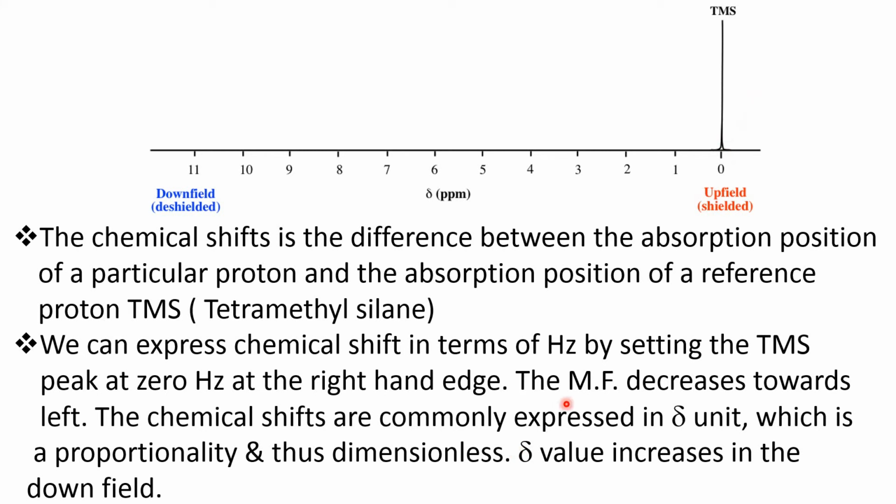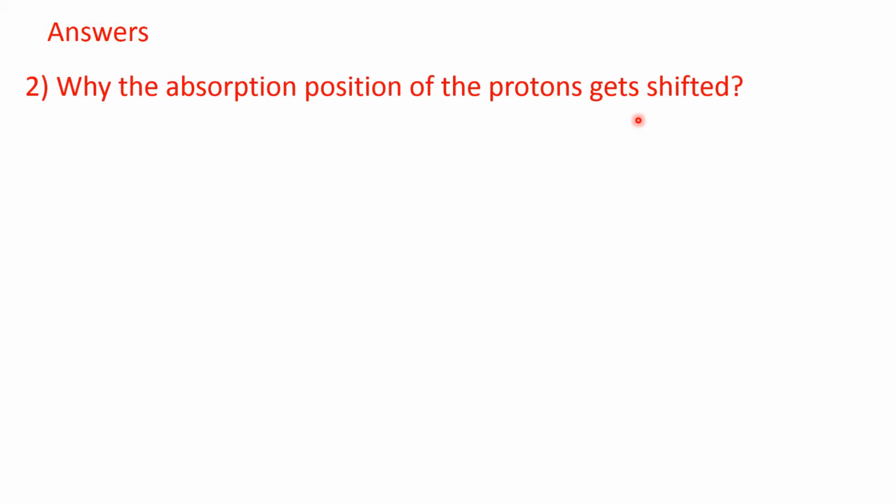Here the magnetic field decreases towards left. In this direction, it is downfield. Magnetic field decreases. The chemical shifts are commonly expressed in delta unit, which is a proportionality and thus dimensionless. Delta value increases in downfield. Now, let's see the answers of the remaining questions.